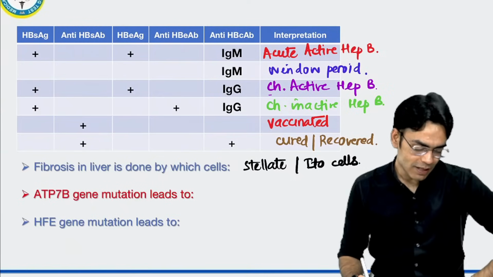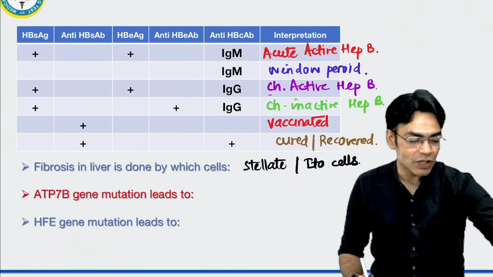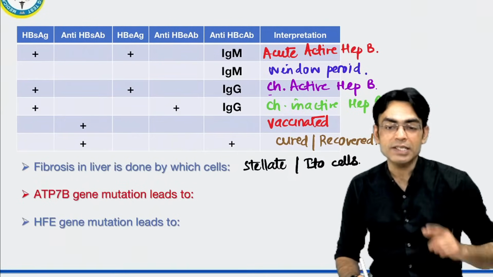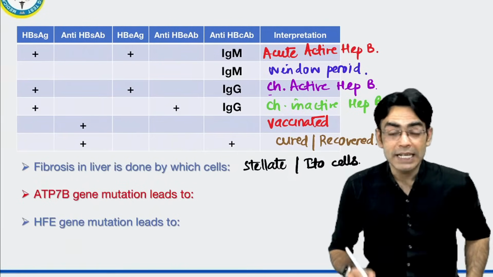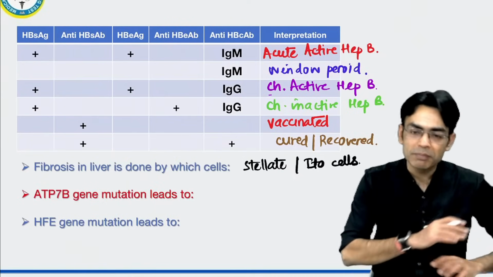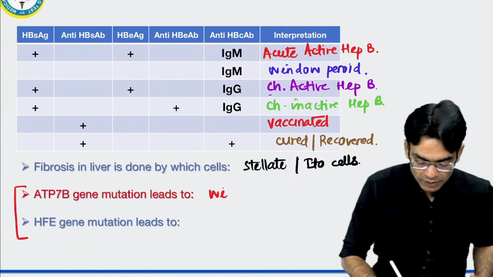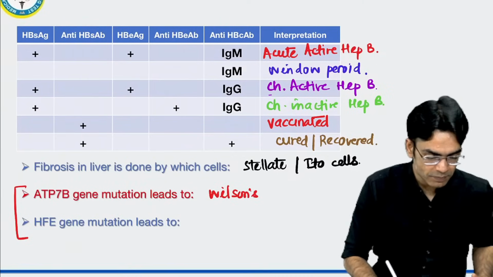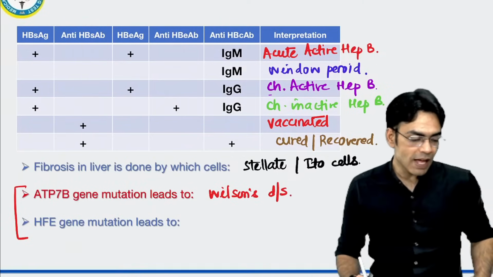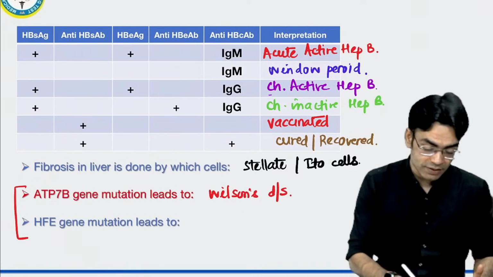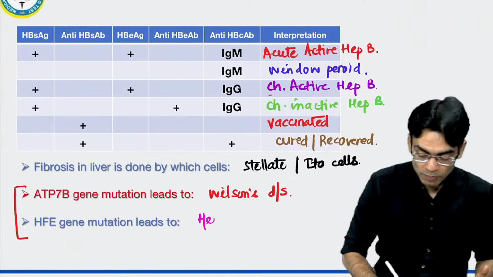Okay. Then ATP7B gene. When I am talking about ATP7B gene, what is the disease we are talking about here? ATP7B gene, son, is very important. Read both these diseases before going to the exam. It is Wilson's disease. And HFE gene, son, this is for your hemochromatosis.